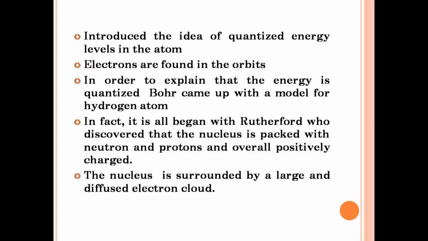But in 1913, Niels Bohr suggested that atoms resemble a miniature planetary system, with electrons circulating about the nucleus like our planets circulating about the sun. Here a question arises: why does the atom not collapse?